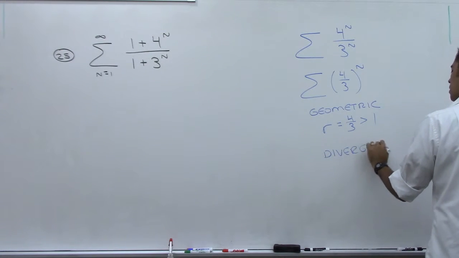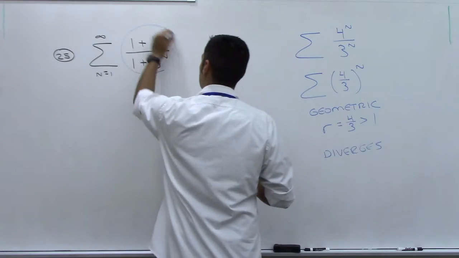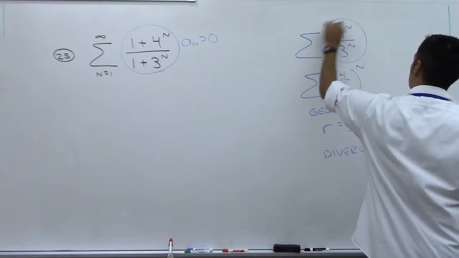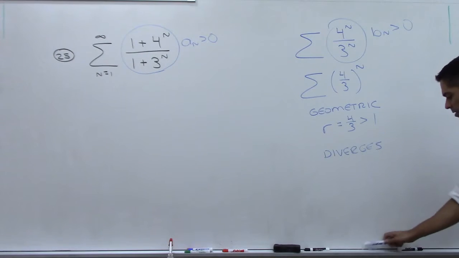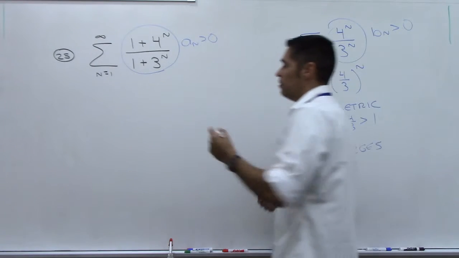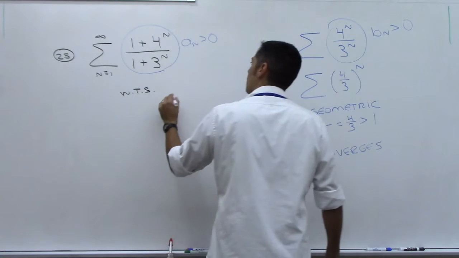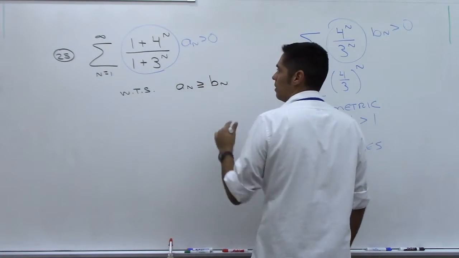So I just need to show that these, my a sub n's, which are positive, are always bigger than my b sub n's, which are also positive. So let's see if I can show that inequality is true. I want to show that my a sub n's are always bigger than or equal to my b sub n's, or eventually this happens.